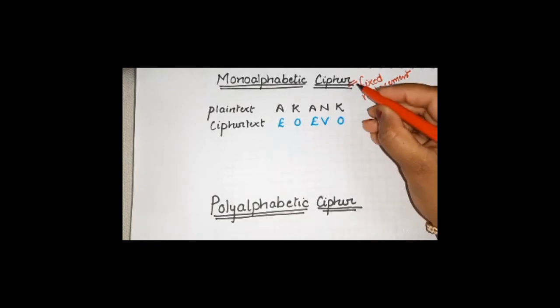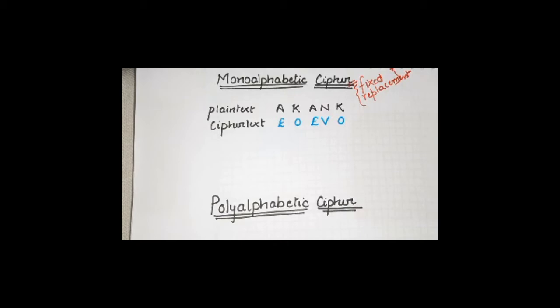What do you mean by fixed replacement? Fixed replacement means that however many times an alphabet appears in the plain text, the replacement in the ciphertext will be the same. For example, if I have M in the plain text 5 times, the replacement of M will be the same for each of these 5 times.